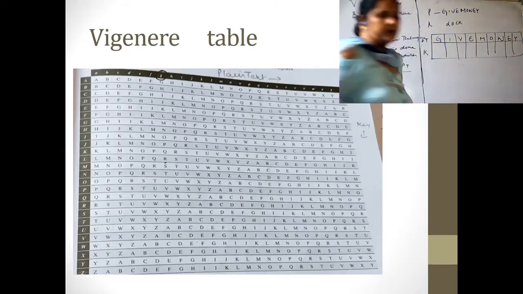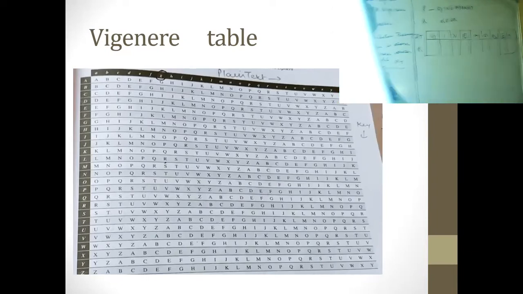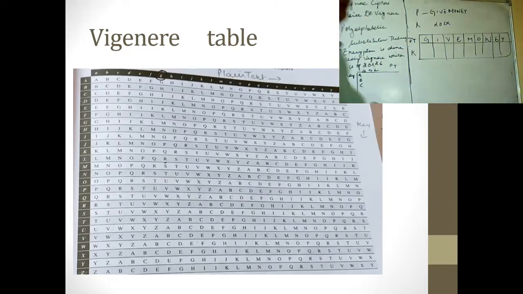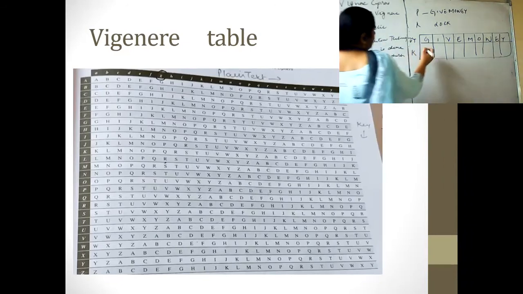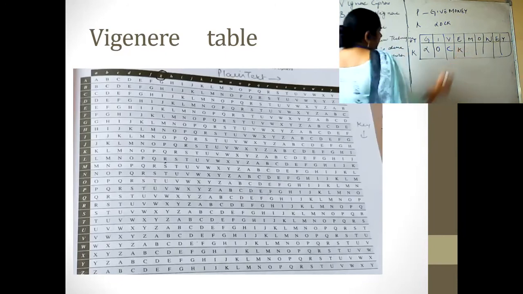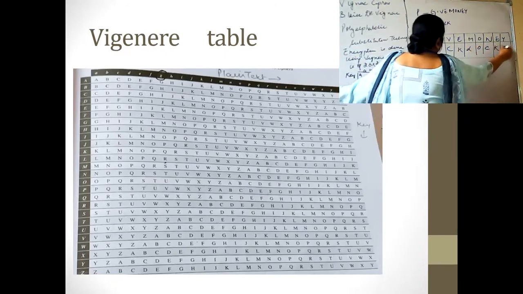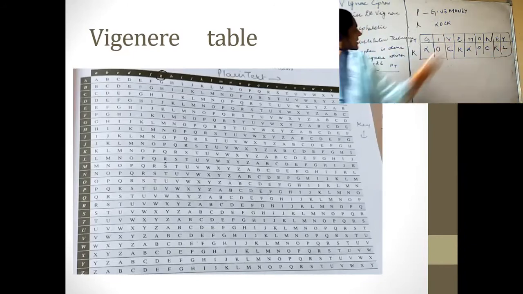Fine. Now what happens is you put LOCK. Then repeat this because the number of alphabets in the key is less. So again repeat it till the end. LOCK, then L alphabet it will have.